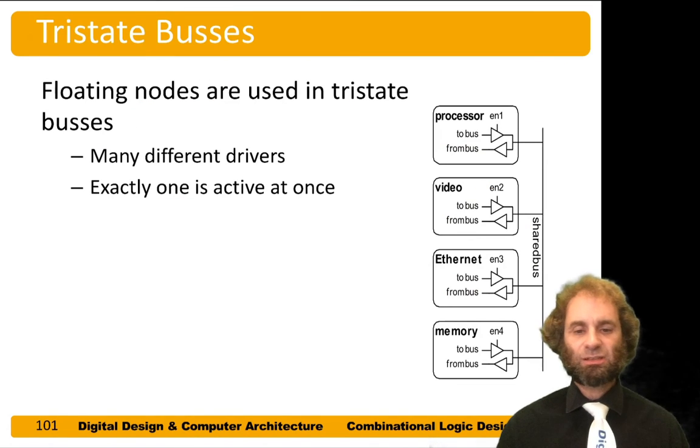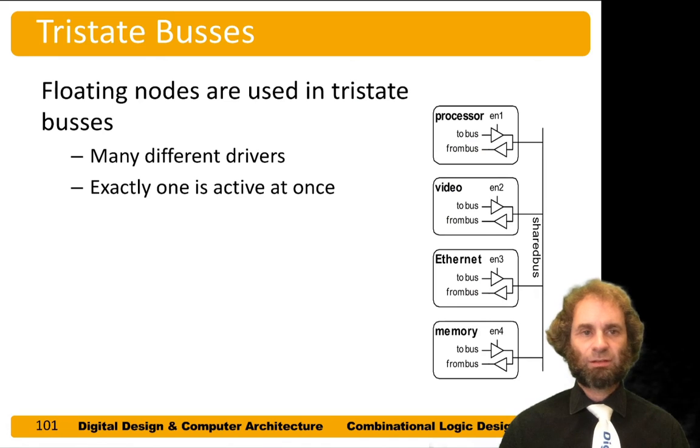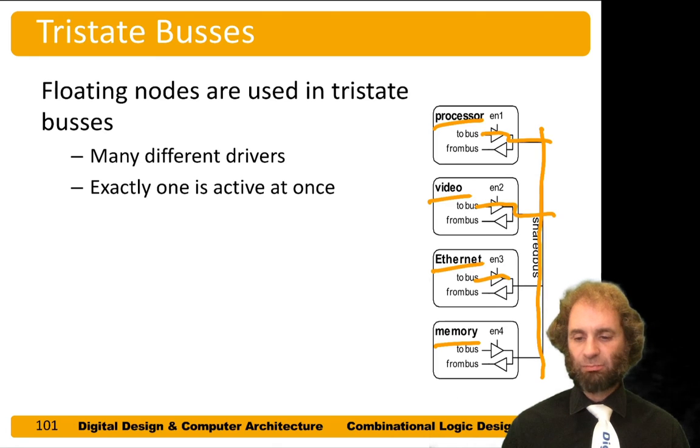An application of tristate buffers is tristate buses, where we'd like many different drivers to connect to something. So for example, if we had a shared bus on a computer, and we wanted a processor or a video system or Ethernet or memory all to be able to talk to that bus one at a time, each one could have a tristate buffer controlled by a separate enable.